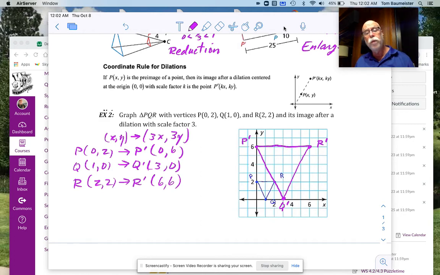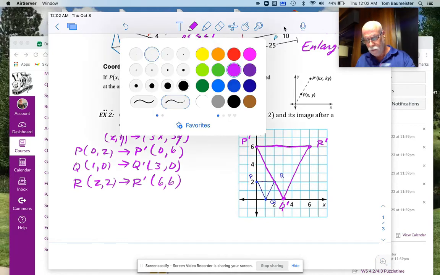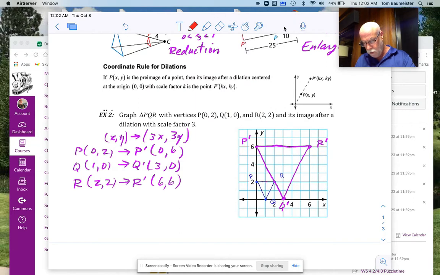All right, now what I want you to notice is that the enlargement does go by, even the side lengths are going to go by 3. So if we look here, just real quick, I'm just going to show you once. On this one here, I go 2, right?